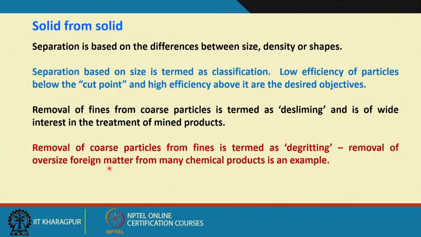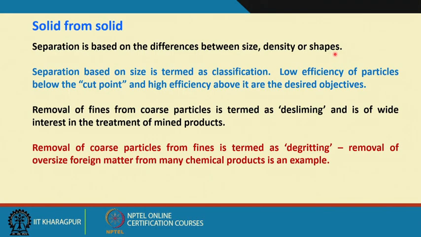So, this solid from solid separation could be based on the differences in size, and when it is based on size we call them a classifier. When we try to separate based on density differences, we call them a density separator, like your dense medium cyclone.